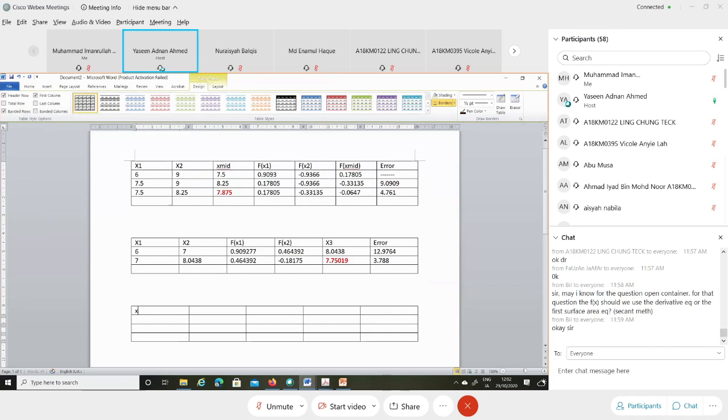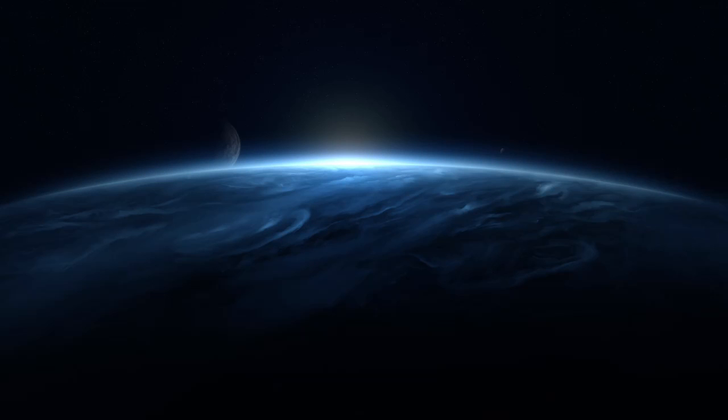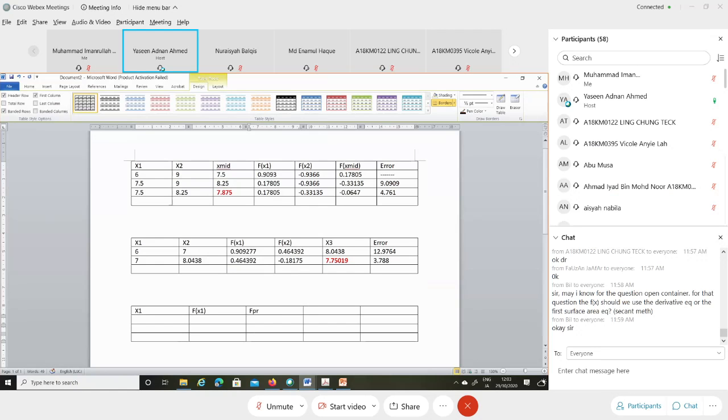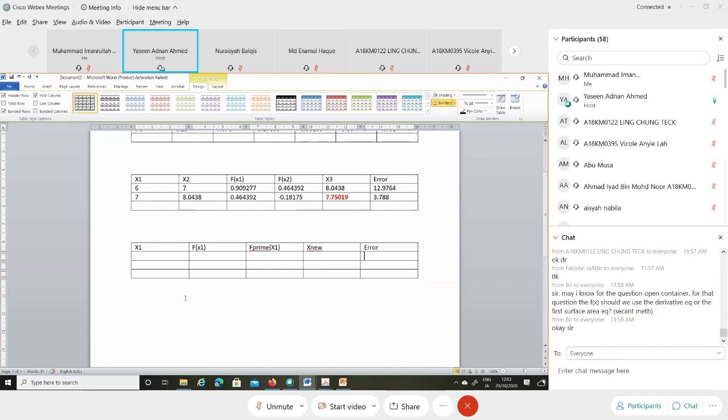So we have x1, we have f of x1, then we will have f prime, I mean the derivative, at x1, and then we have x new and the error.